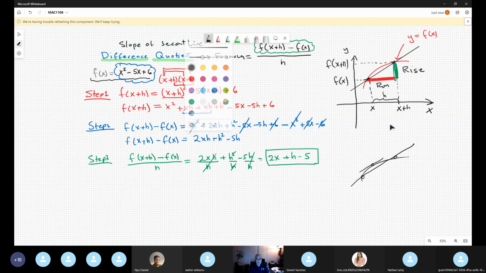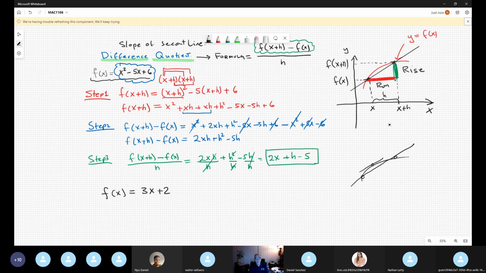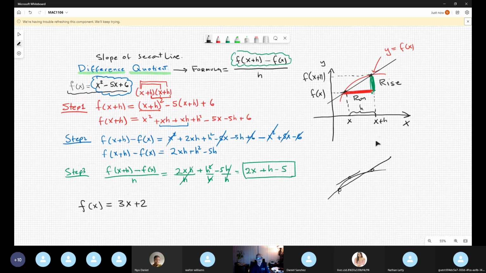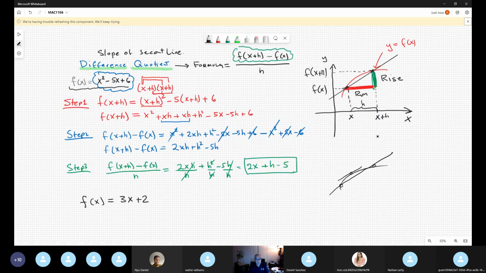Suppose it's easy. I give you one easy function, 3x plus 2. Wow, it's linear. But you apply the formula again, step by step. Step 1, step 2, step 3, but I do it fast. You evaluate f at x plus h, which is 3 times x plus h plus 2.